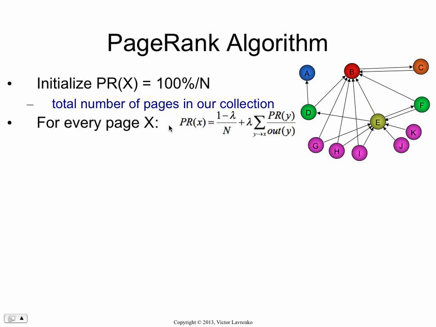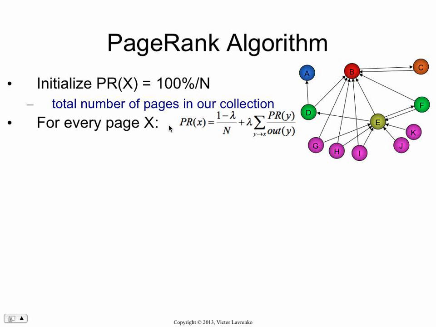If the coin came up heads, something different happens. When the coin comes up heads, I don't take a random hop. So the only way I can end up at node X is if I were at some other node which points to X. Let's say I was at a node Y, and the node Y points to X. Now, if I was at that node and I know the coin came up heads, do I always end up at X?